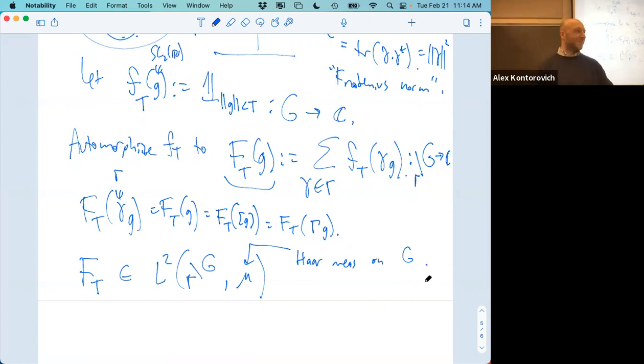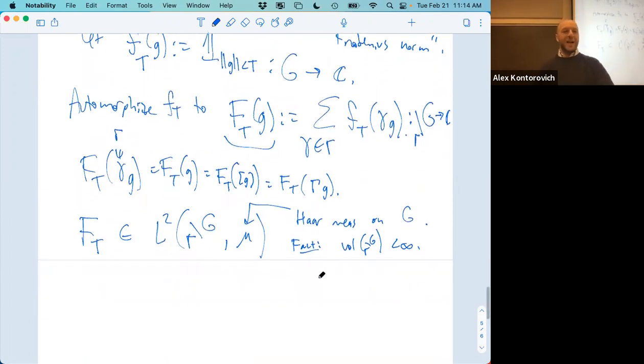It's just some Haar measure under which it turns out that SL2Z is a lattice in G, which means the volume of G mod Gamma is finite, even though it's not compact. Pi over 3, depending on your normalization.